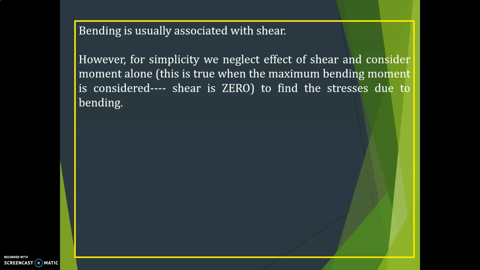However, for simplicity, we neglect the effect of shear and consider moment alone. And we also know that this is true when the maximum bending moment is considered, shear force is zero. That all of us know. In the last chapter I have discussed that. So only the bending moment is considered to find the stresses.